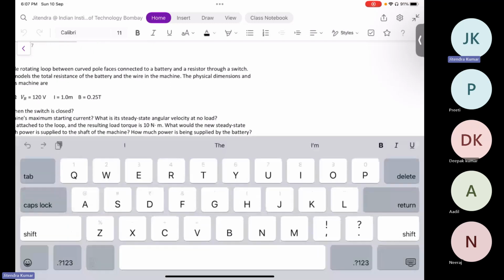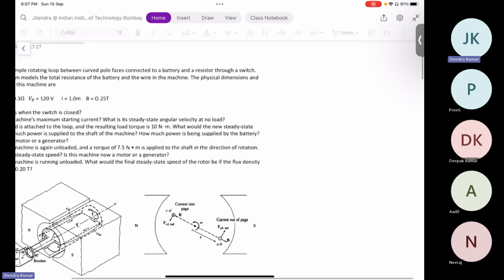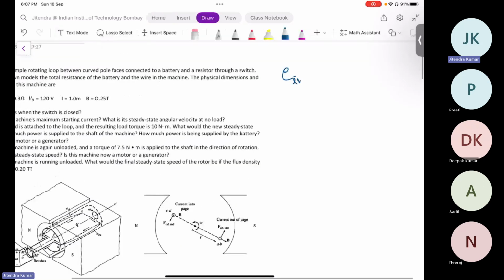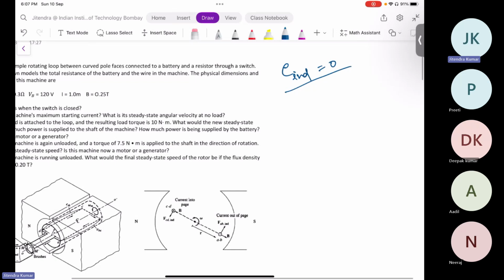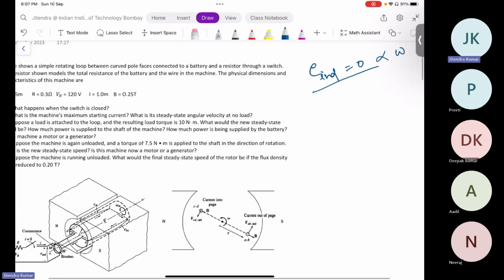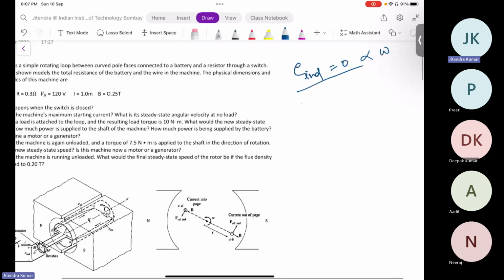What I can infer is that E induced can be equal to zero when the rotor is not rotating, because EMF induced is directly proportional to omega. When you close the switch, the armature current will be equal to (V minus EB) by RA. Why?